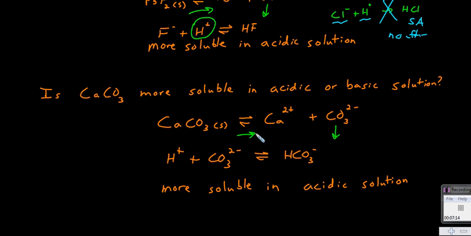Well, actually, yes. Carbonate, which is produced by the dissolving of calcium carbonate, is consumed by protons to form bicarbonate. And so with bicarbonate being formed, we lose carbonate, so this decreases the concentration of carbonate and shifts the reaction more to the right. The solubility of calcium carbonate is increased by having a more acidic solution.